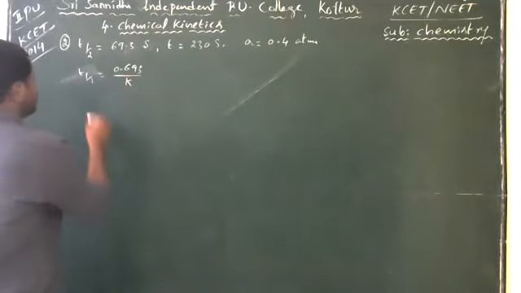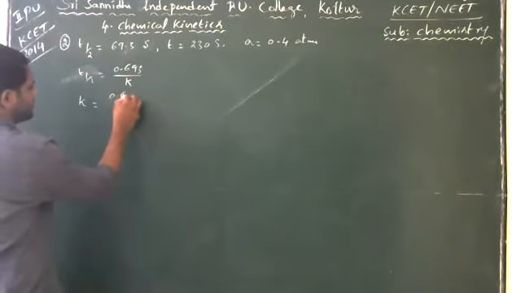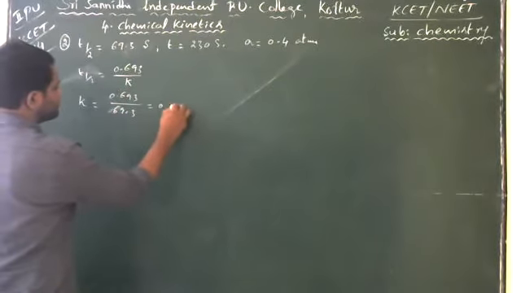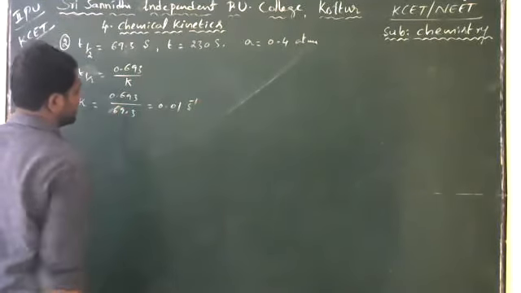Then K we have to find, because T half is already given: K is 0.693 divided by 69.3, which is equal to 0.01 per second.